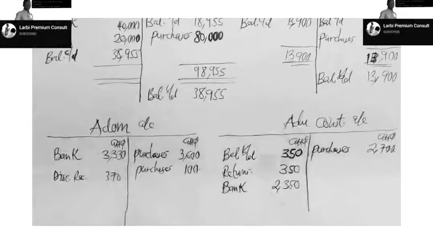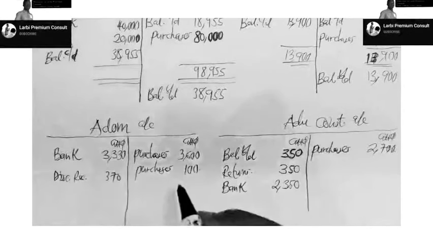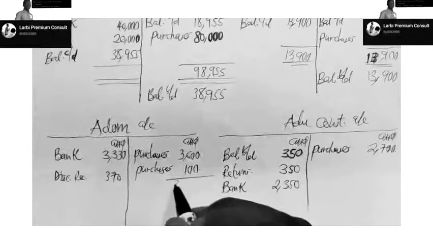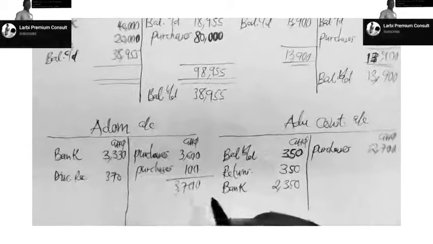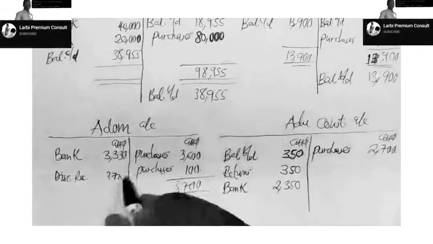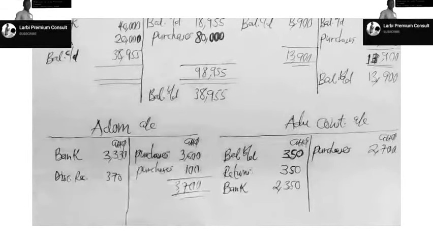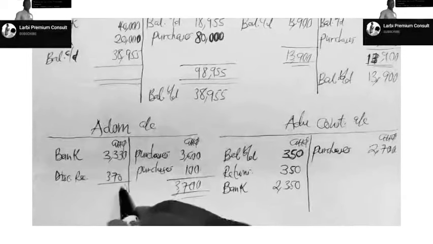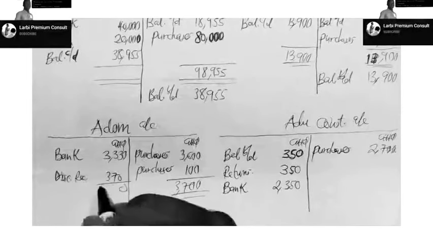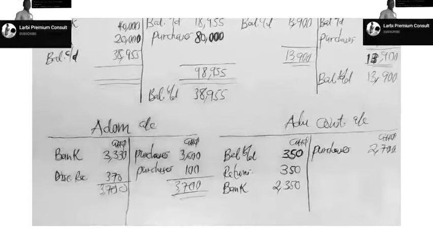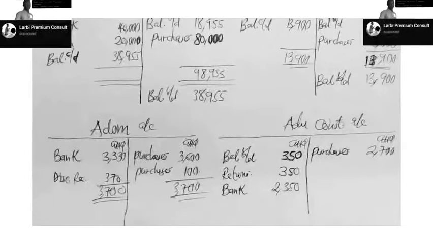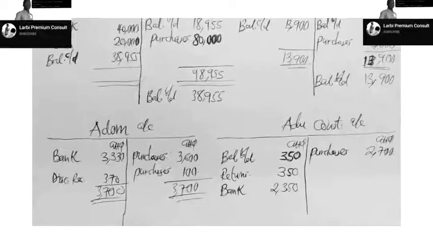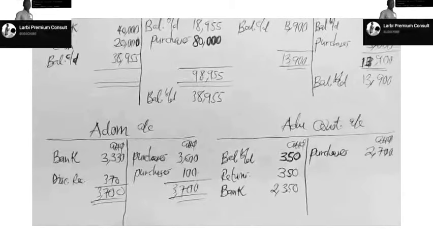So here, both sides will agree. You're going to get 3,700. And the Adom account will close. We won't have any account for Adom anymore. We have paid him and there's nothing existing.